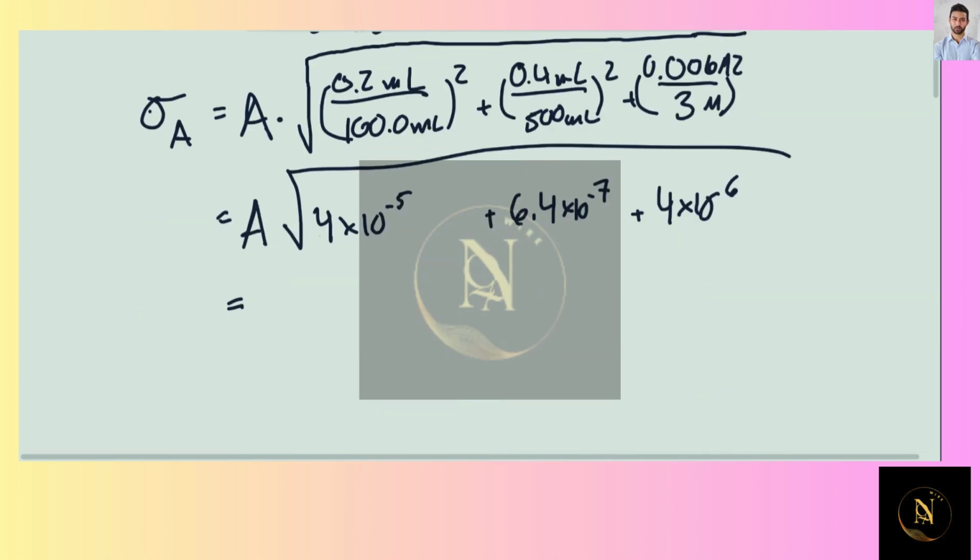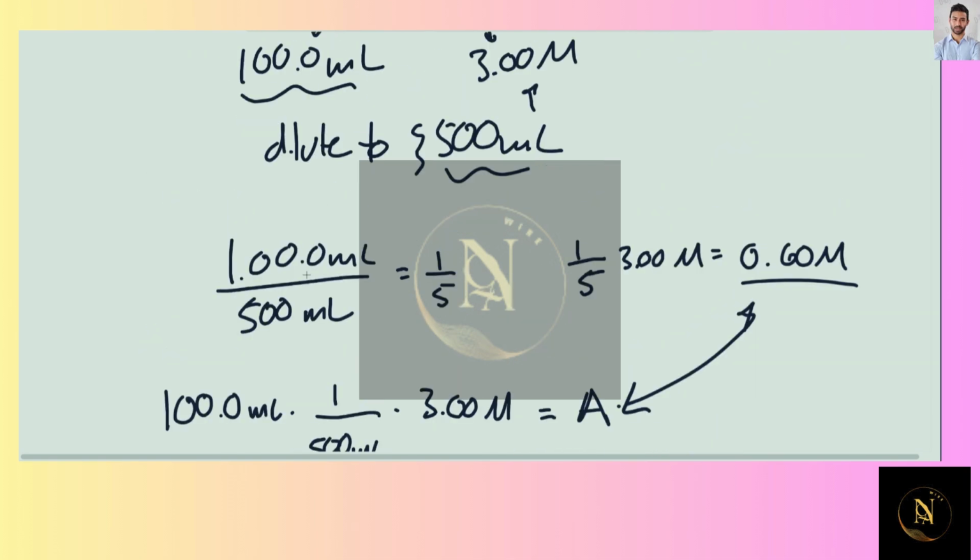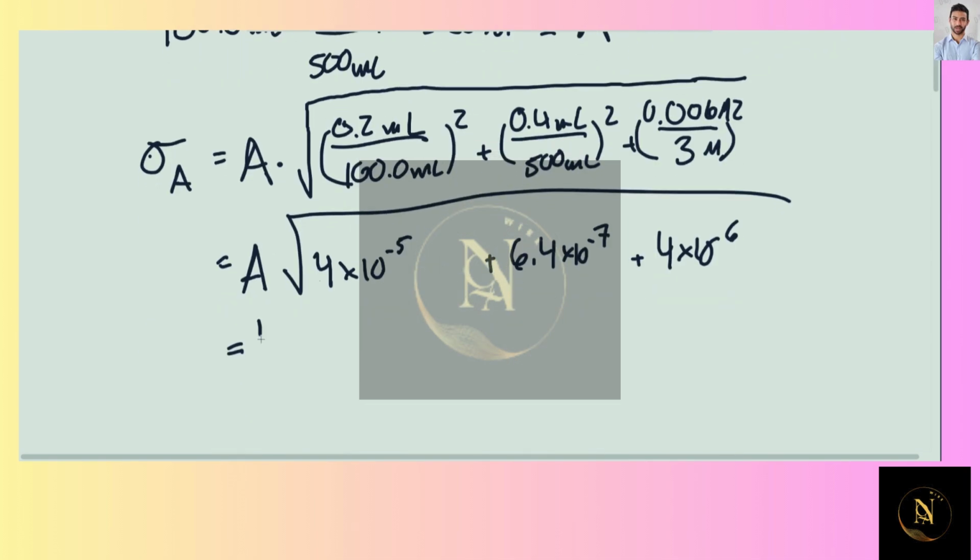So what is the square root of 4e-5 plus 6.4e-7 plus 4e-6? It's 0.00668, times 0.6 molar.